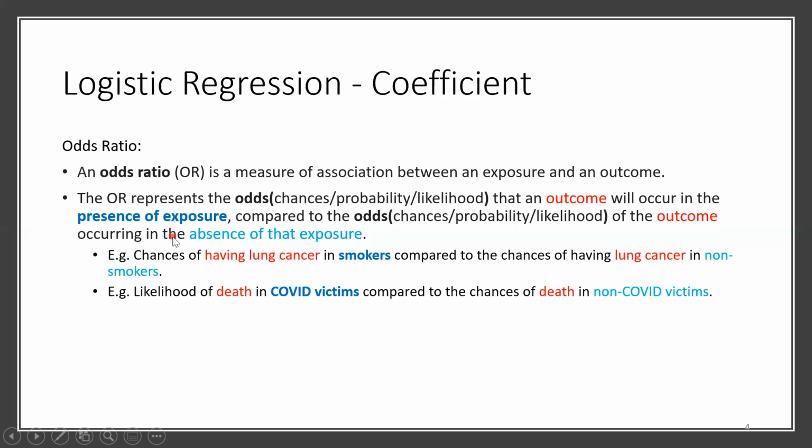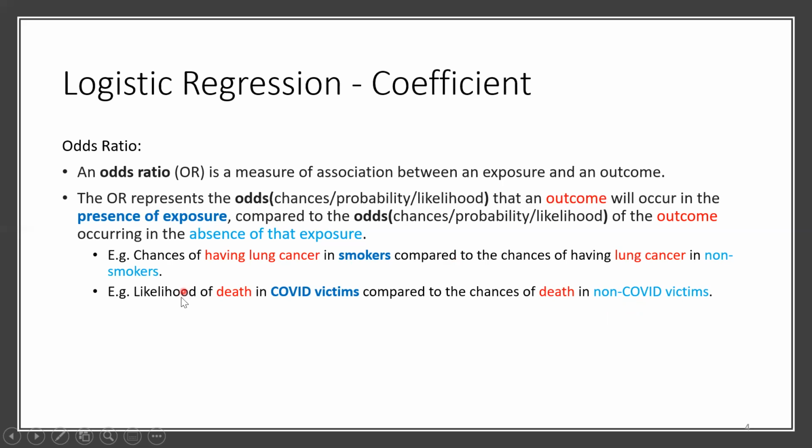So the odds ratio will imply the chances of having lung cancer in smokers compared to the chances or probability of lung cancer in non-smokers. In our second example, let's say death is our outcome variable, with survival as the alternative, the patients who were infected with COVID are our exposure, and the non-exposure are non-COVID patients.